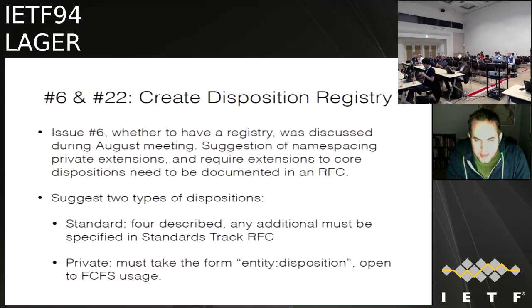I've produced some draft text that I'll show you on the next slide, but in essence, the approach is that we create an IANA registry that's divided into two sections. One is a set of standard dispositions, and that would initially be populated with the 4 dispositions from this document. And then any additional dispositions could be added to the standard registry through a subsequent standards track RFC.